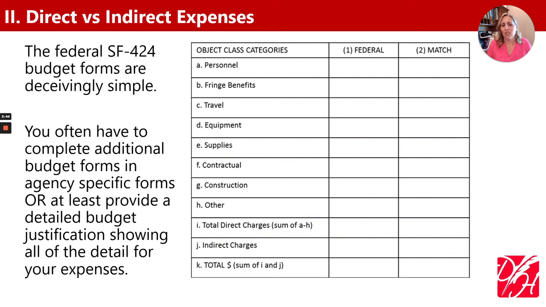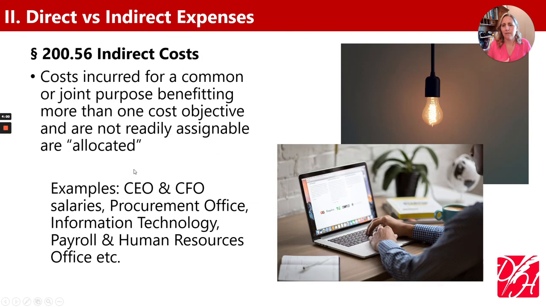What does that leave us with then? What is this indirect charge? I'm going to describe that for you in just a moment. And what happens is we will then sum our direct charges and our indirect charges in order to get our total project cost. So now we find ourselves presented with the Code of Federal Regulations definition for indirect costs.